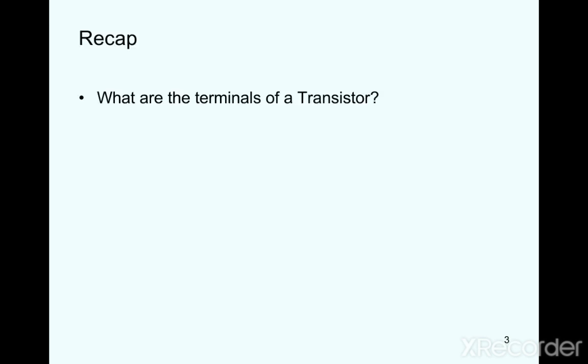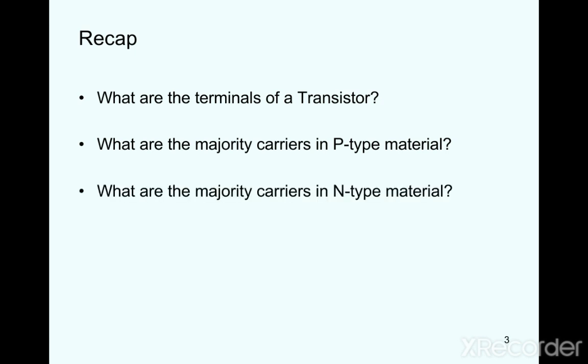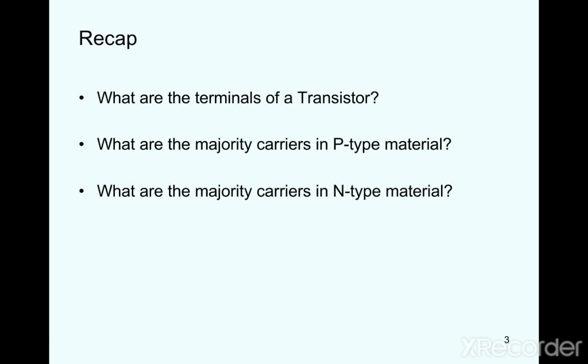In recap, in the previous class we studied what the terminals of the transistor are, what the majority carriers in p-type material are, and what the majority carriers in n-type material are. We also studied how the transistor is formed, the symbol of the transistor, and how the NPN transistor is formed.